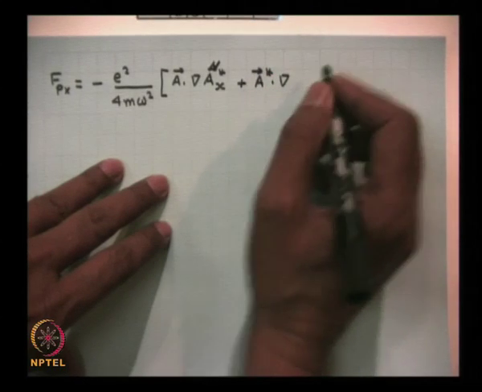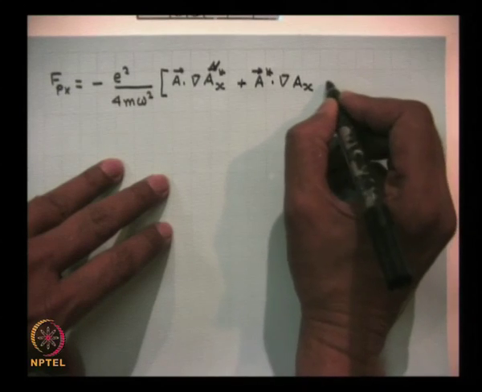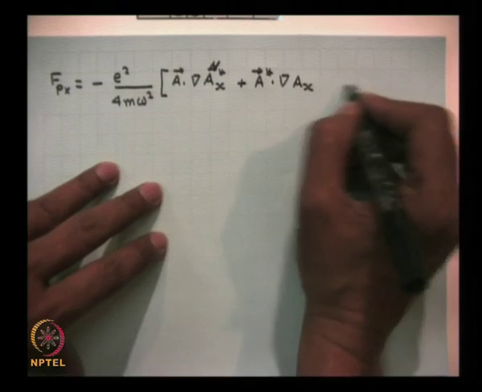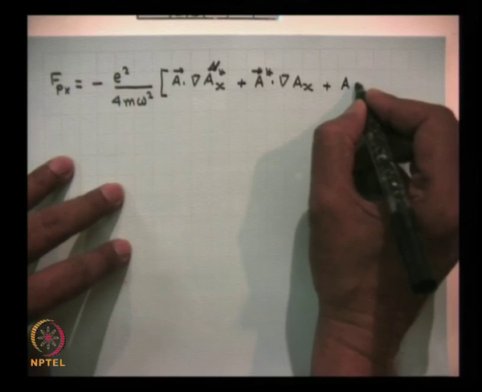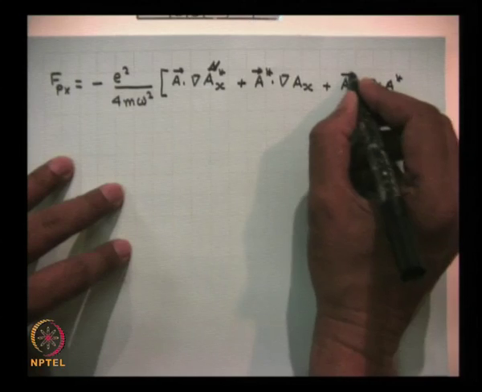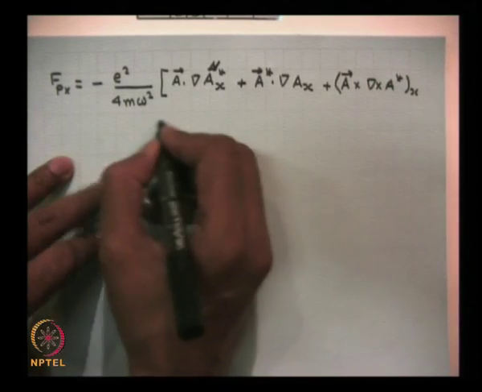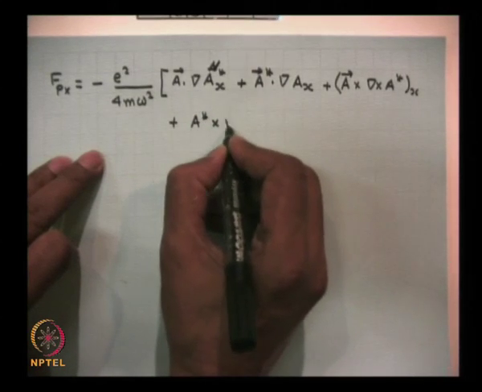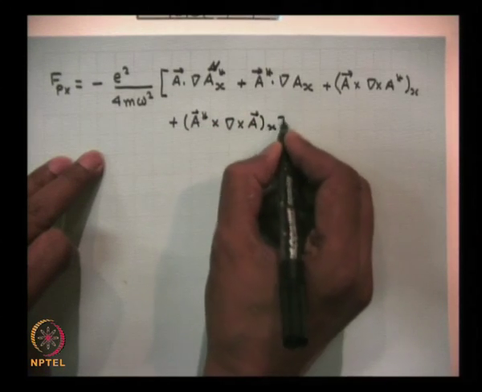So the total quantity has to be written, and A was there, so put Ax there. Similarly, A cross curl of A star, I want its x component, and then the x component of the quantity A star cross curl of A, I want this as well.